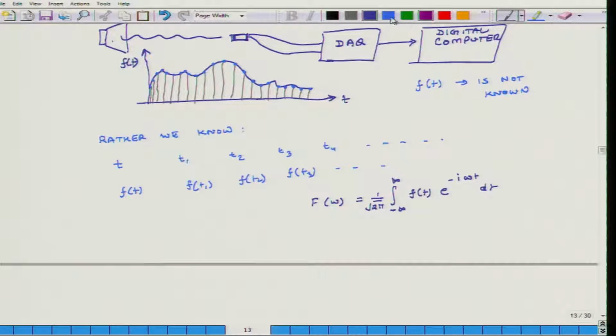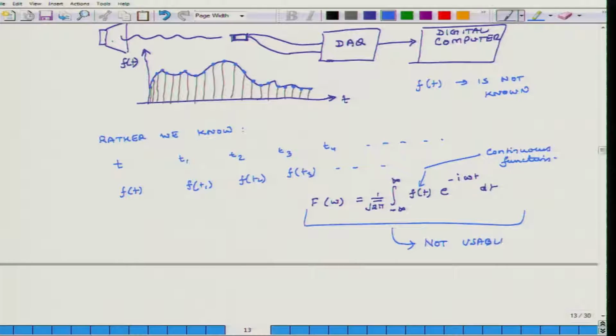So, here I have to know f of t as a continuous function, but most of the times when we get data, it is not continuous data, it is just discrete points. So, I cannot use this relation, it is not usable in experiments.